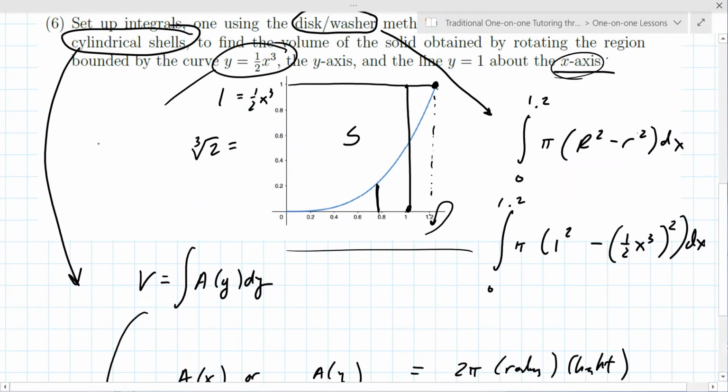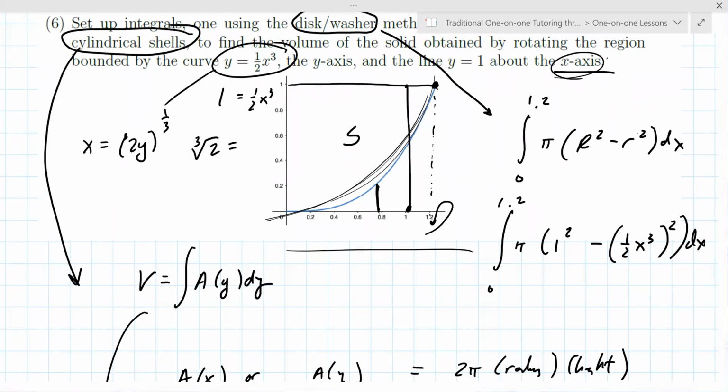So this becomes x equals the cube root of 2y, or (2y) to the 1/3 power, and that's this curve here. And then I guess we do need that other one. Instead of y, we would use. See, I don't think you would ever use cylindrical shells for this problem.